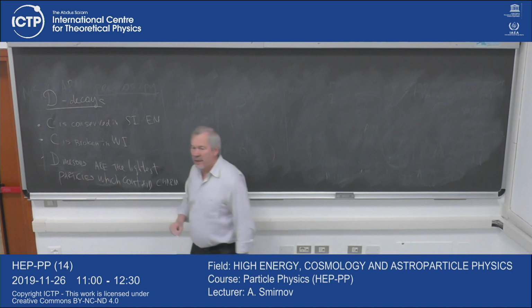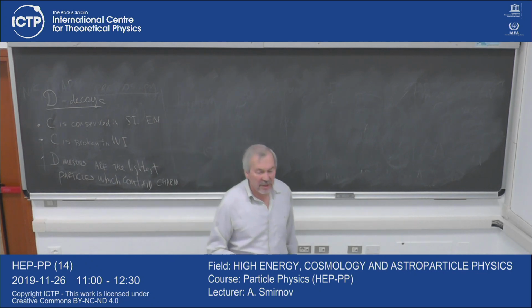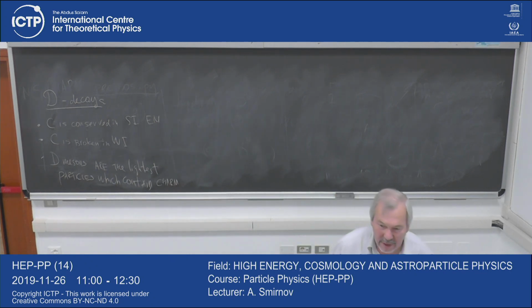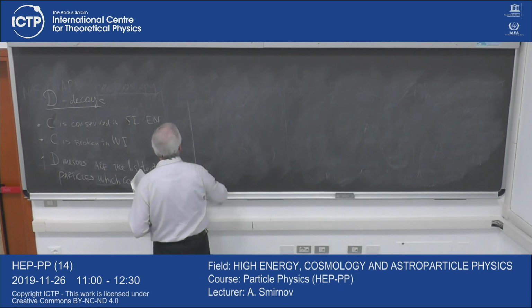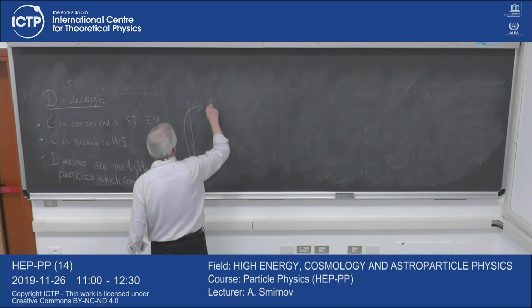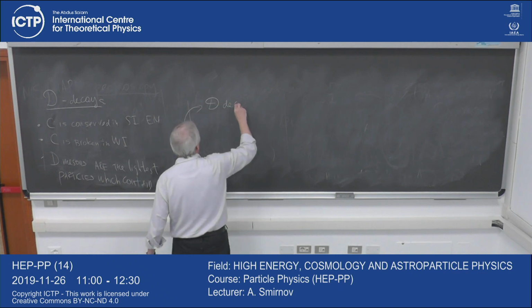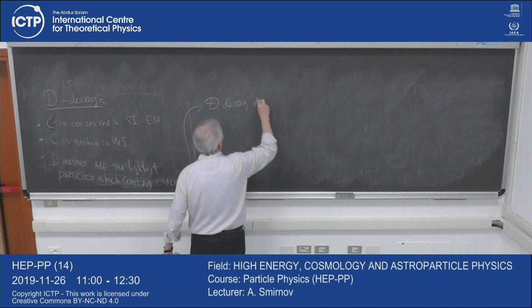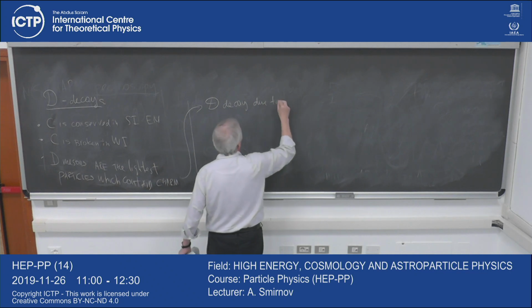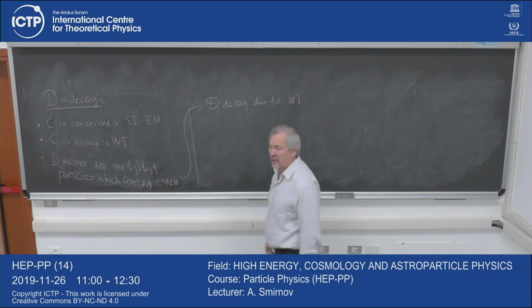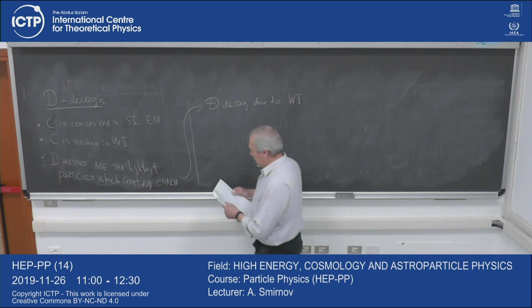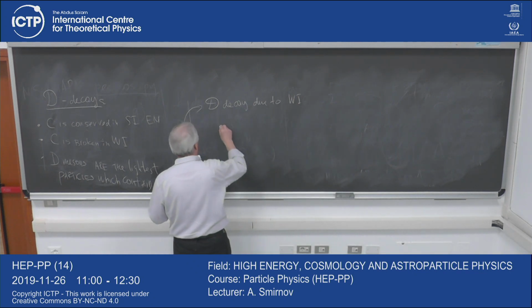And therefore they can decay only into particles which have no charm, and therefore they can decay only due to weak interactions. So the consequence is that D mesons decay due to weak interactions, although they are strongly interacting particles. And some examples of these decays are the following.